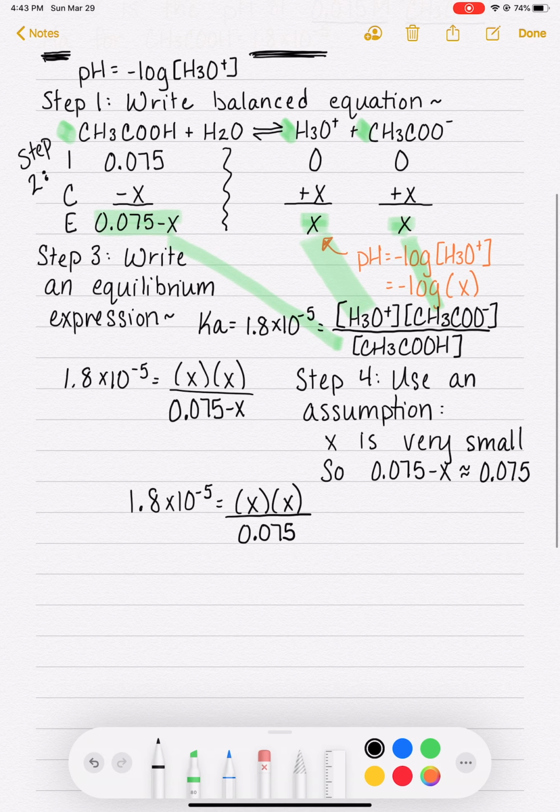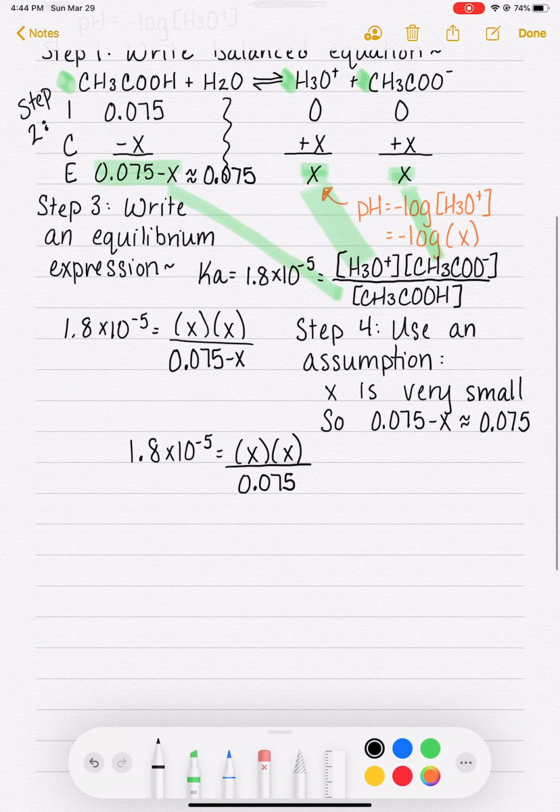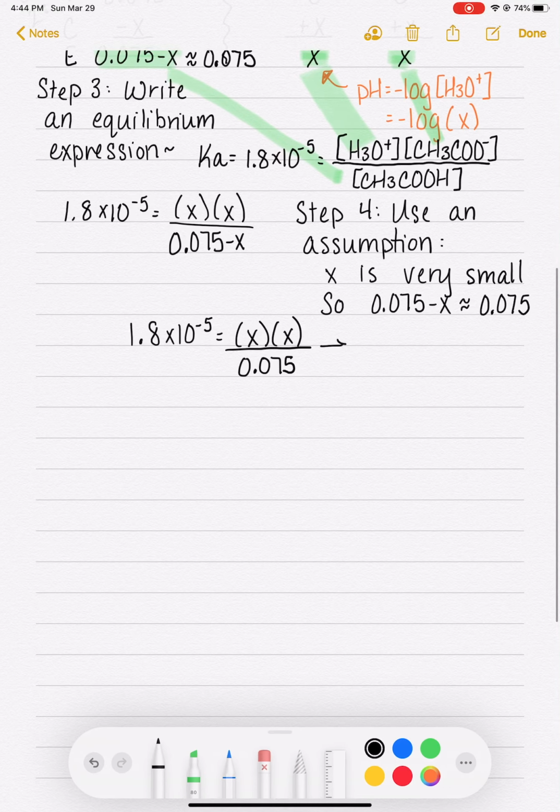And let's actually, up in our ICE table, write this approximation in. 0.075 minus X is approximately equal to just 0.075. Once we get the problem like this, it becomes a whole lot easier to solve. To solve for X, we have 1.8 times 10 to the minus 5 times 0.075, and that is equal to X squared.